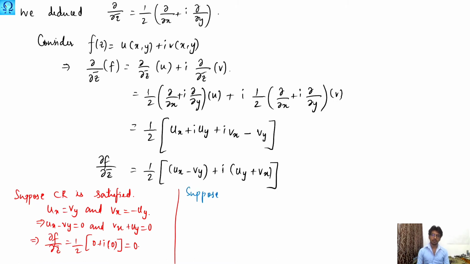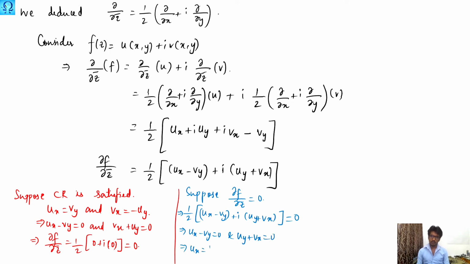Suppose del f upon del z bar is 0. So half times ux minus vy plus iota times uy plus vx is 0. This half is a scalar, so we take it to the other side, and we are left with a complex quantity that is 0, which means ux minus vy is 0 and uy plus vx is 0. This tells you ux must be the same as vy and uy must be the same as minus vx. These are the CR equations, right?